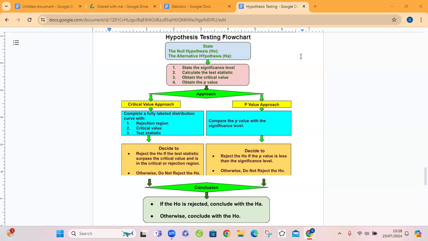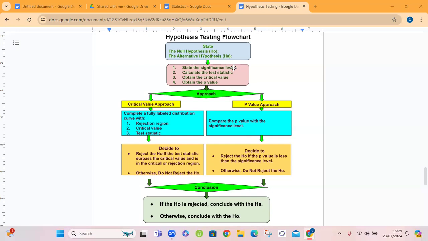Then you've got to state the significance level. That's a probability value called alpha, commonly 0.05. That's a threshold value, and we'll talk about this a little bit later on. Then you have to calculate what they call a test statistic.